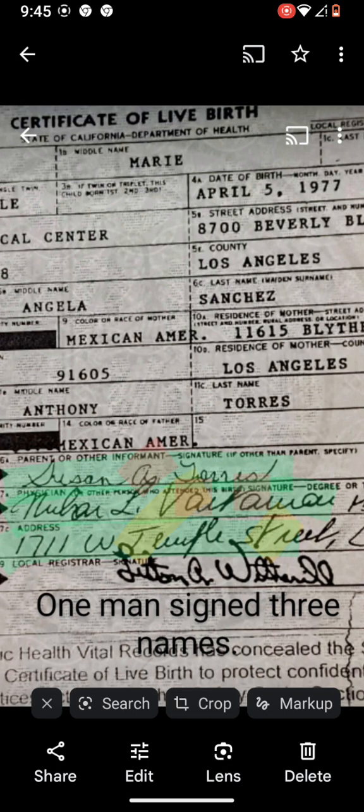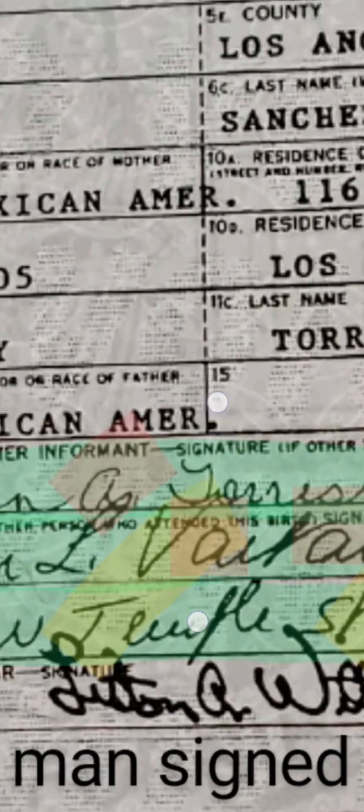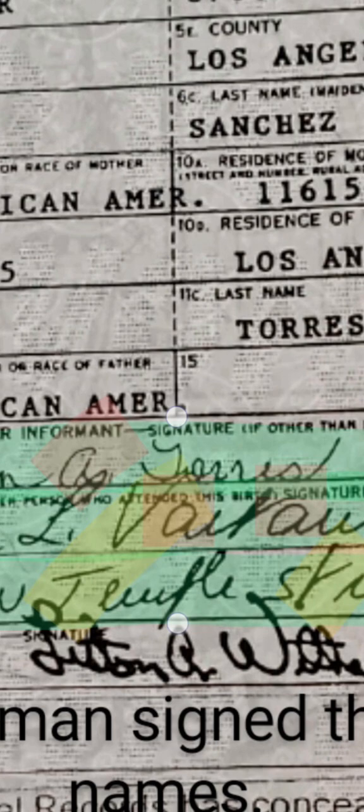Okay, it looks like there should be 1, 2, 3, 4 different people that signed this thing, right? That is not my mother's signature. I was in 5th grade the first time I forged her signature. Believe me, that's not how she writes her name.